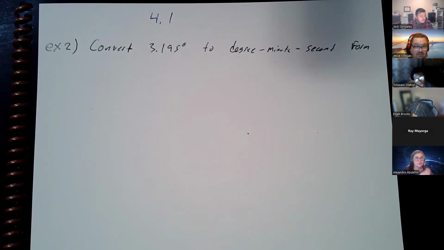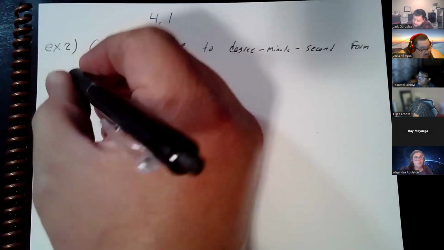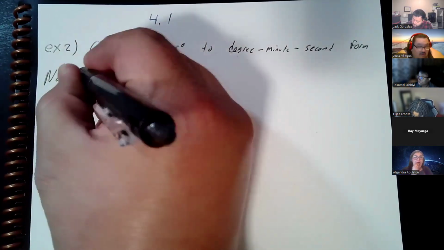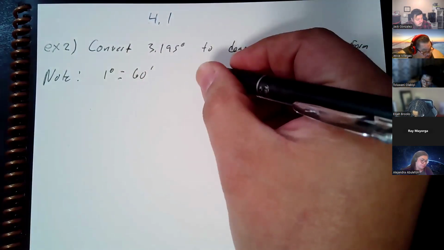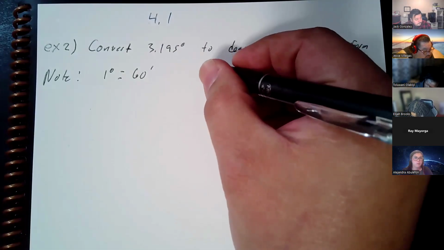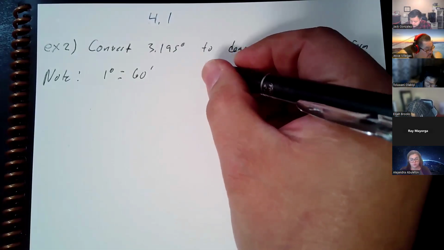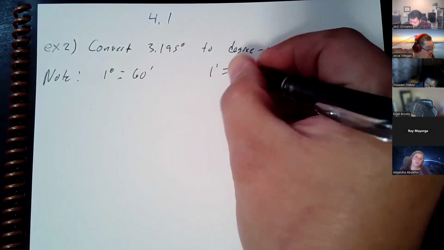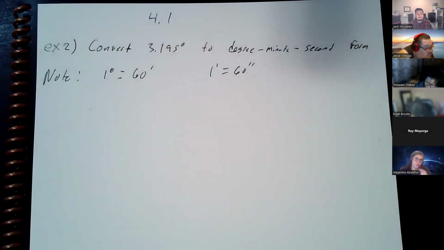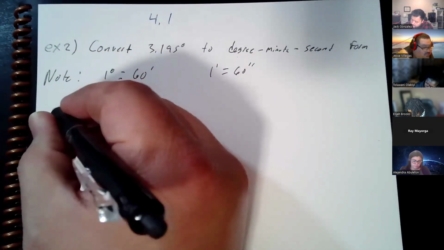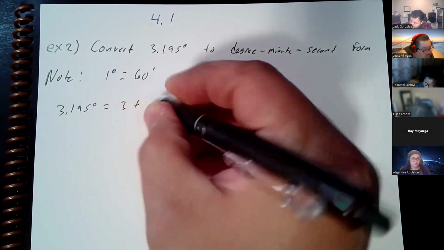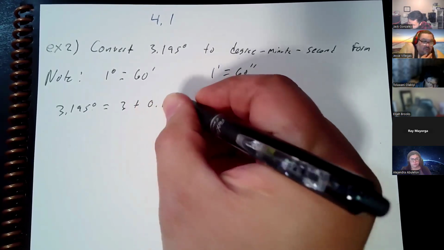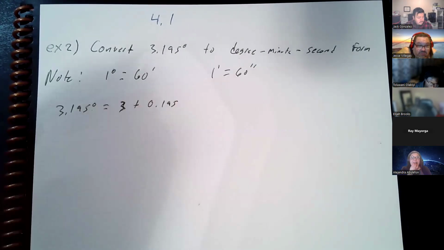So we're still going to need our conversion formulas here. 1 degree is 60 minutes. 1 minute is 60 seconds. All right, so 3.195 is equal to 3 plus the decimal. This is my degrees.